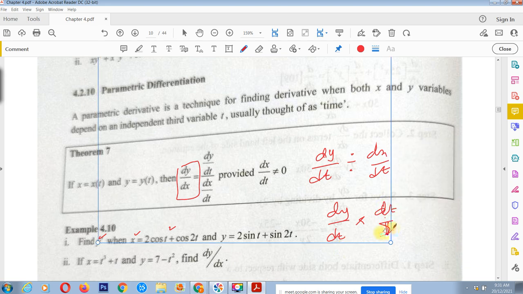That's all. So t we eliminate, so we are left with dy dx. Okay, and make sure of this condition: dx dt cannot be 0. If dx dt equals 0, then this function will be undefined. You cannot deal with it.